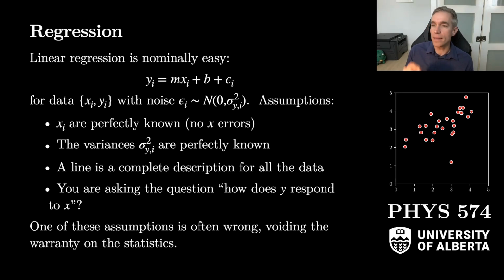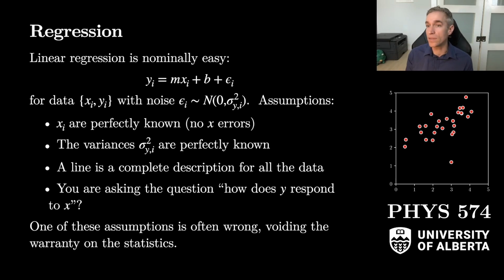So that means that the yi are absolutely determined from just the linear relationship mx plus b plus a little bit of noise with known properties. And you are asking the question, how does y depend on x? So x is your control variable and y is your response variable. And if all of these things are true, linear regression is exactly what you want to do.